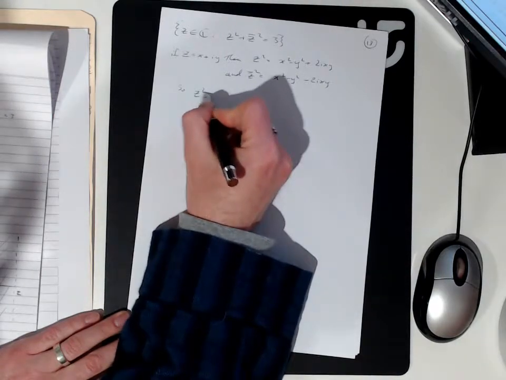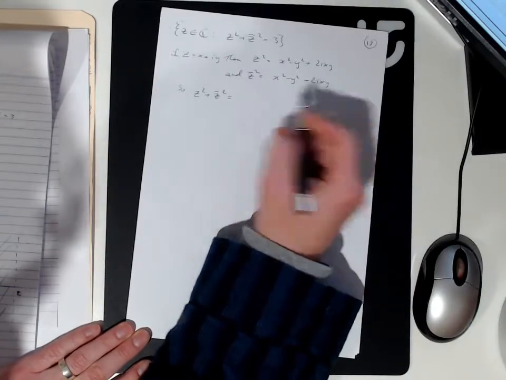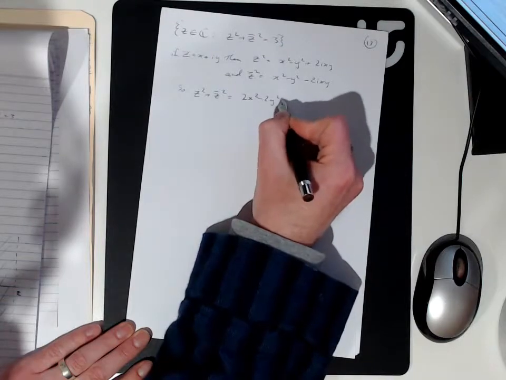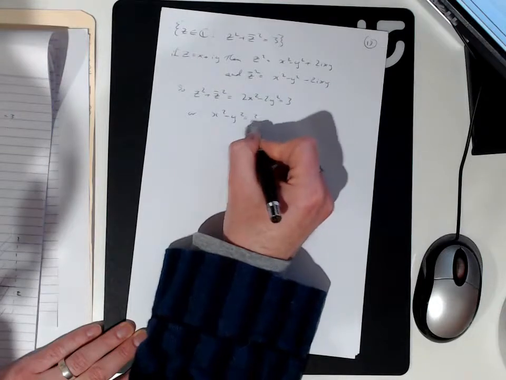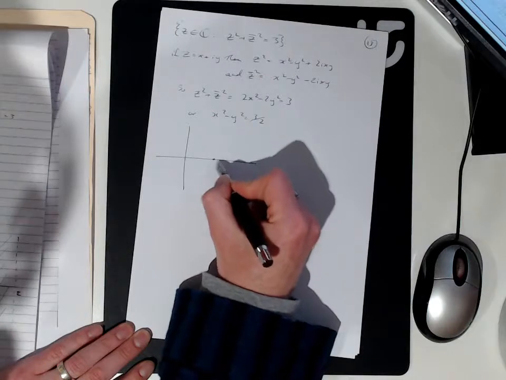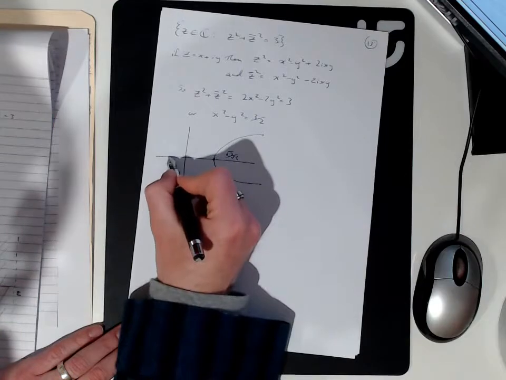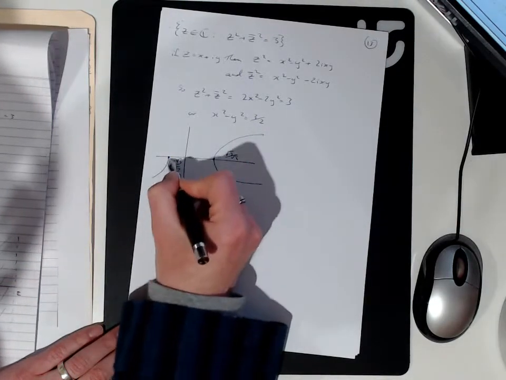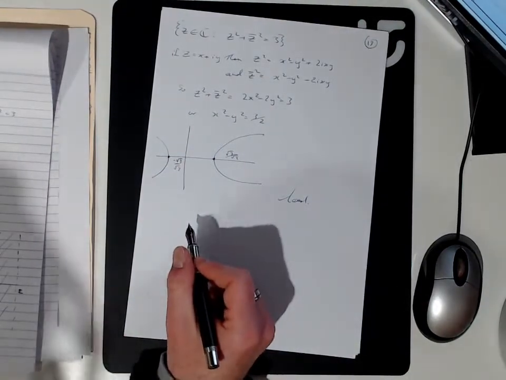So z squared plus z bar squared equals, well, the complex bits drop out. So you get 2x squared minus 2y squared is equal to 3, or x squared minus y squared equals 3 over 2, which gives a hyperbola, crossing at square root 3 over square root 2 and minus square root 3 over square root 2. And of course this is closed by all the same arguments you've seen before.